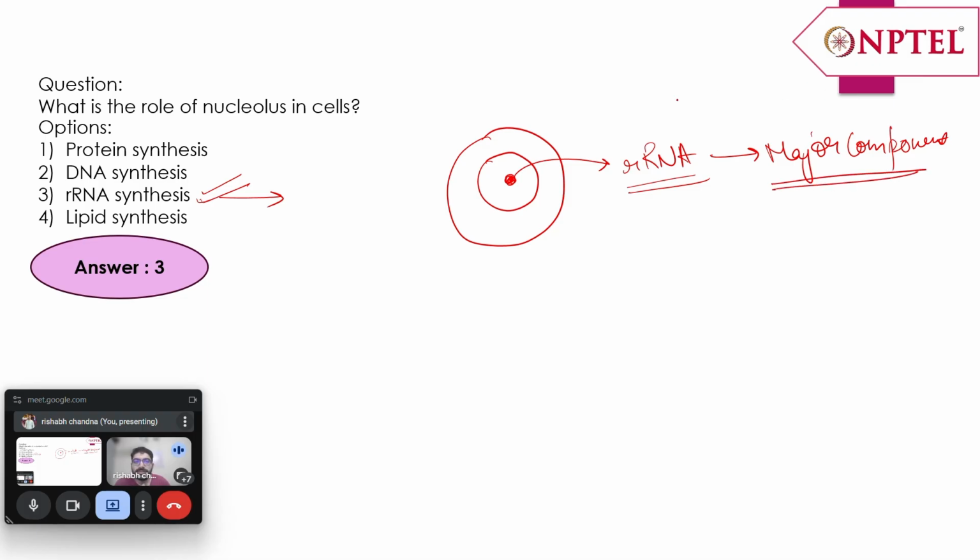Out of the three major components of RNA, that is mRNA, rRNA, and tRNA, rRNA is most abundant, so it is required in high amount in a cell. That is why there is a specialized region in the nucleus that leads to the production of only the rRNA. Any doubts in this particular question?